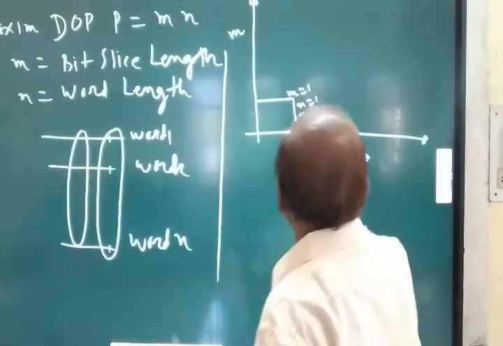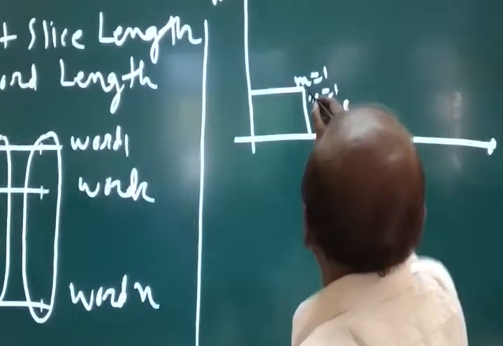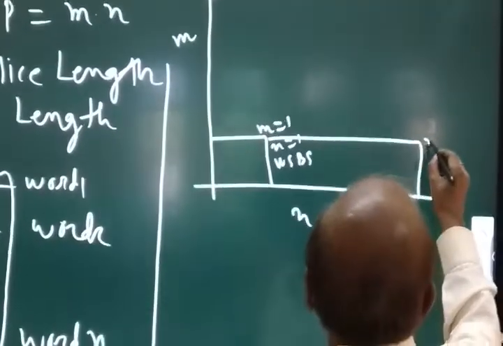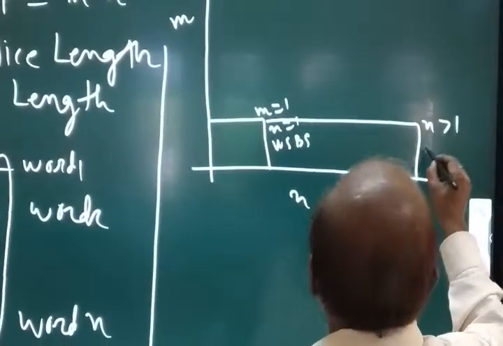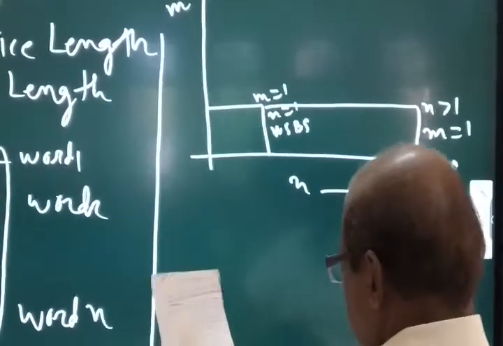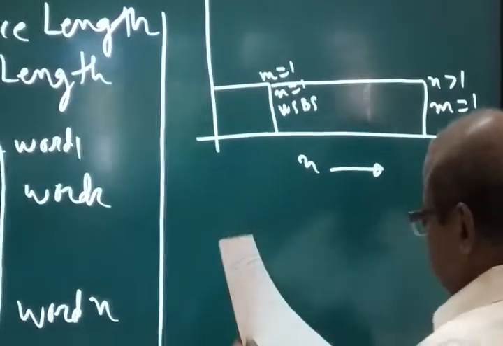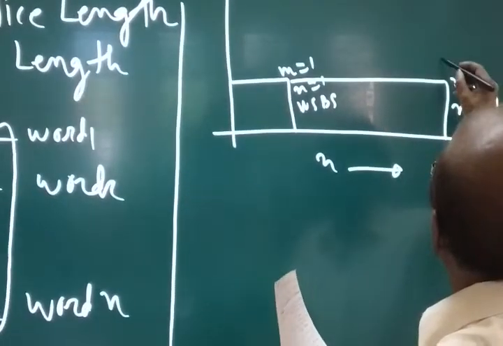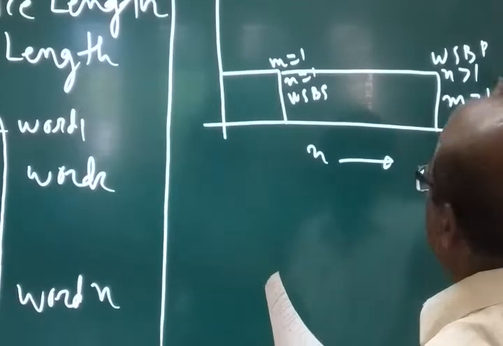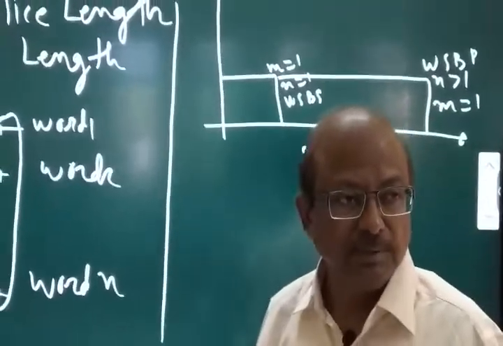Second class is, I am drawing here. You see, N is greater than 1, but M is equal to 1. This is called word serial bit parallel type of computer. Clear?